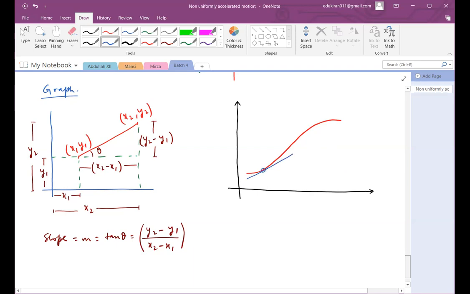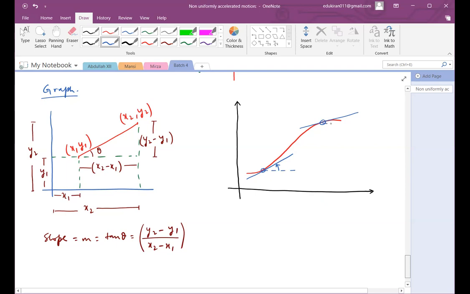Let's say this point. Similarly, draw a tangent at this point. If you define its inclination, it will be the slope of the curve at this particular instant.